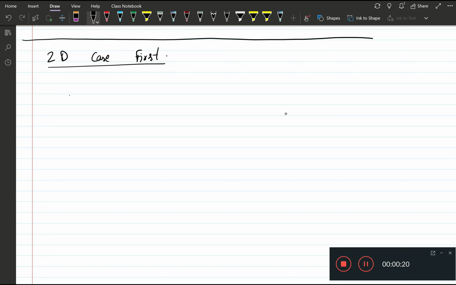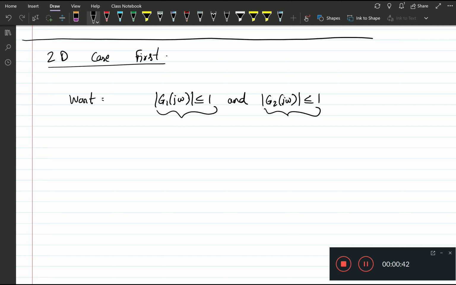So what we want is that G1 of j omega and G2 of j omega should be less than or equal to 1 for all omega.